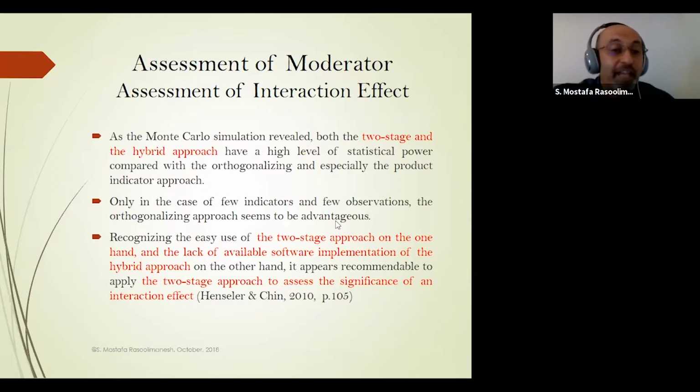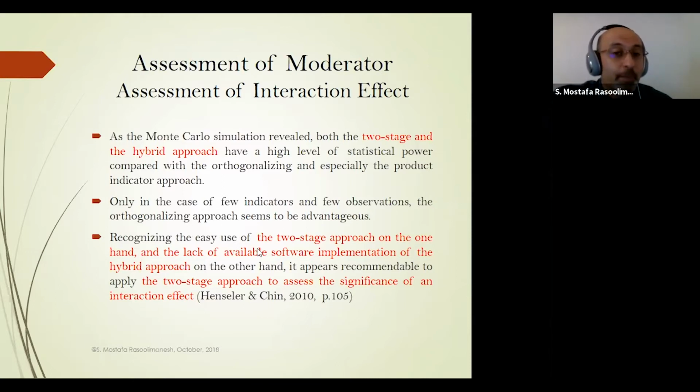But if you have few indicators, or a small sample size, maybe the orthogonalizing approach is a better approach for creating the interaction effect.